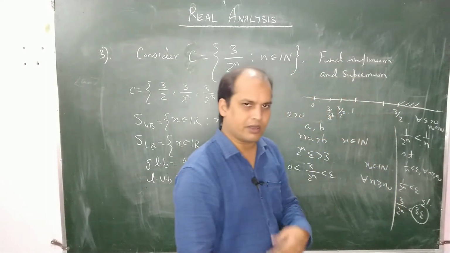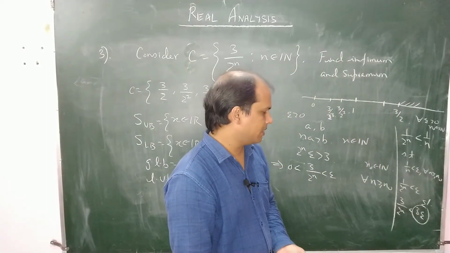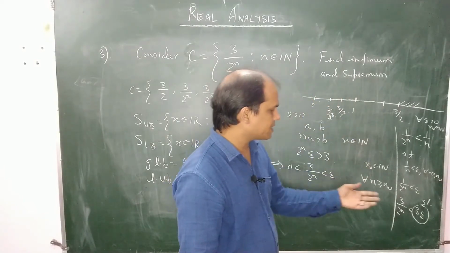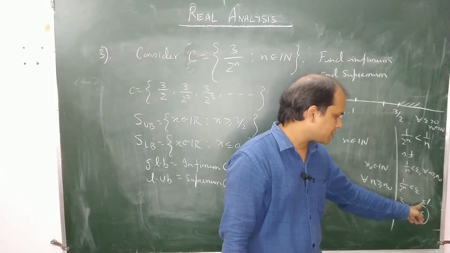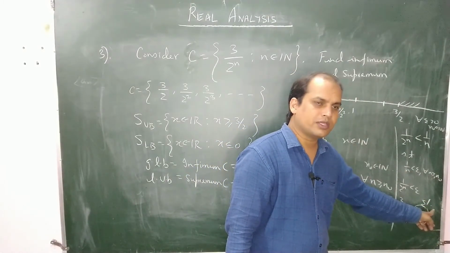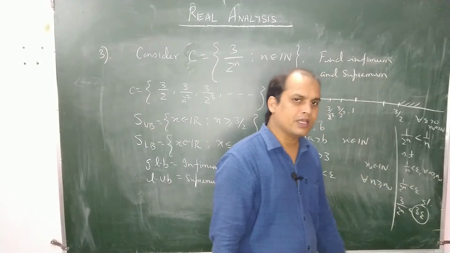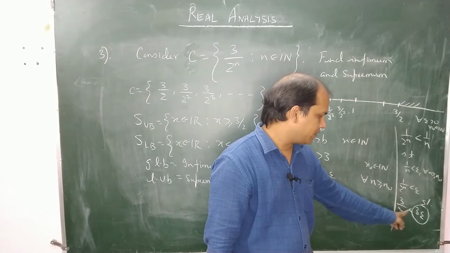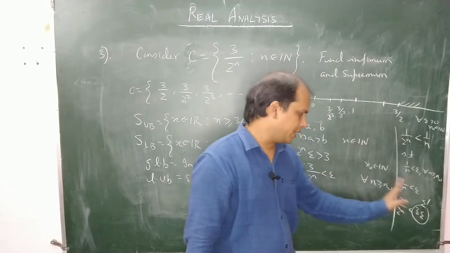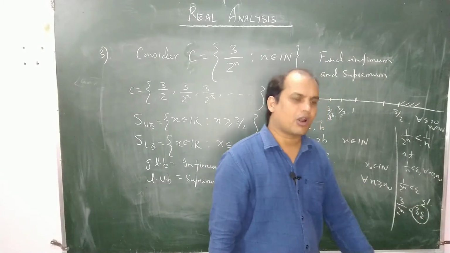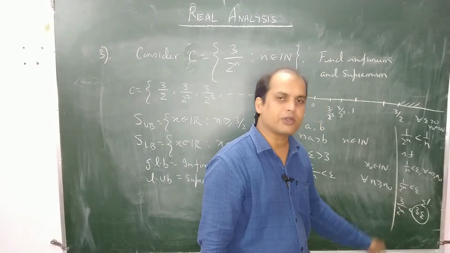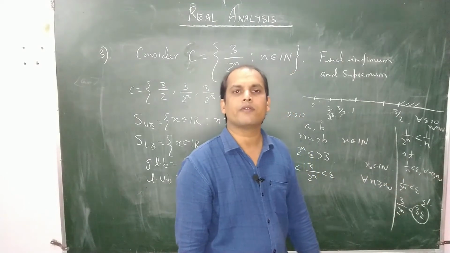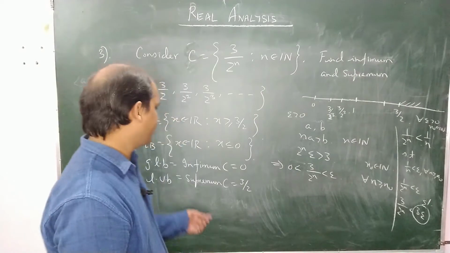So I can rewrite this statement as follows: for every epsilon dash greater than 0, there exists n naught belonging to N such that for all n greater than or equal to n naught, 3 by 2 to the power n will be less than epsilon dash. So in between 0 and epsilon dash there always lie members of the type 3 by 2 raised to the power n, and this shows that any epsilon dash greater than 0 will never be a lower bound for this set.